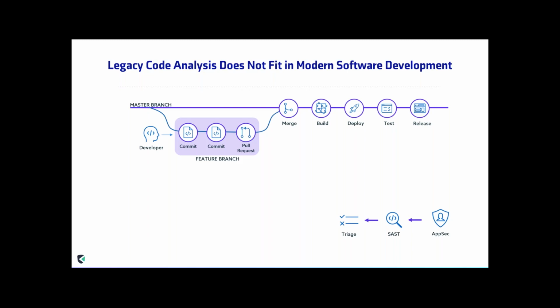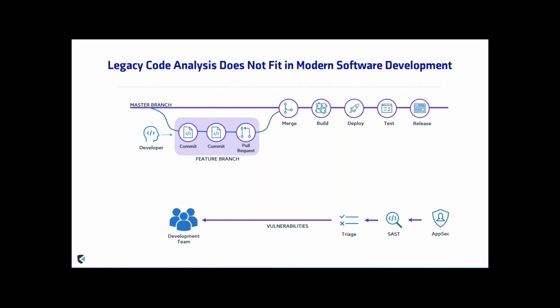Because again, AppSec also realizes if I were to push over the wall 500 issues, it's just going to sit on the shelf. It's not going to be looked at. So I need to prioritize what is important. So they look at some criteria based on application characteristics versus knowing the code. So they've triaged it, they've created a list, and then they send out vulnerabilities to the development team.